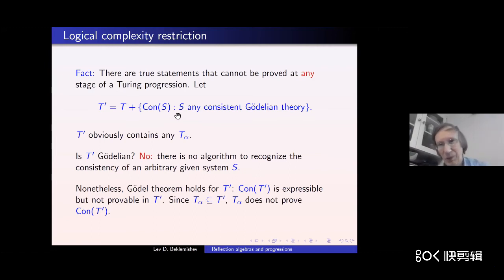Consistency is definable by a pi1 sentence. So it is a pi1 definable set of sentences. Nevertheless, one can show that the provability predicate for T prime is definable in arithmetic, and Gödel's theorem holds for T prime as well. So one can express con T prime, and con T prime will not be provable in T prime.